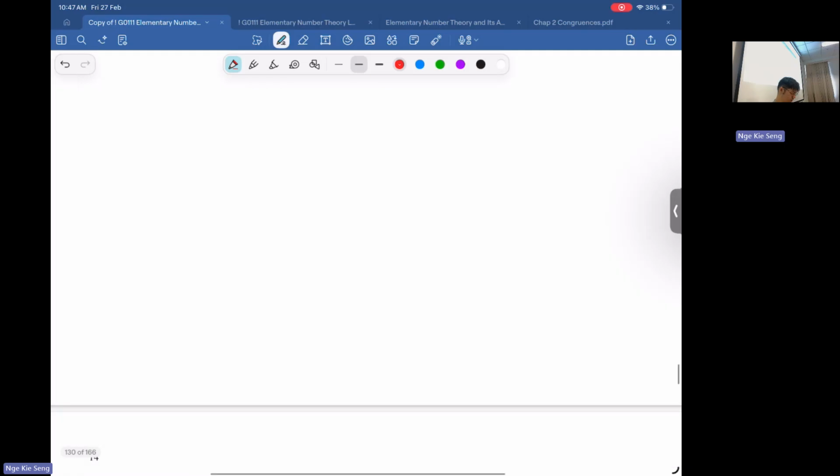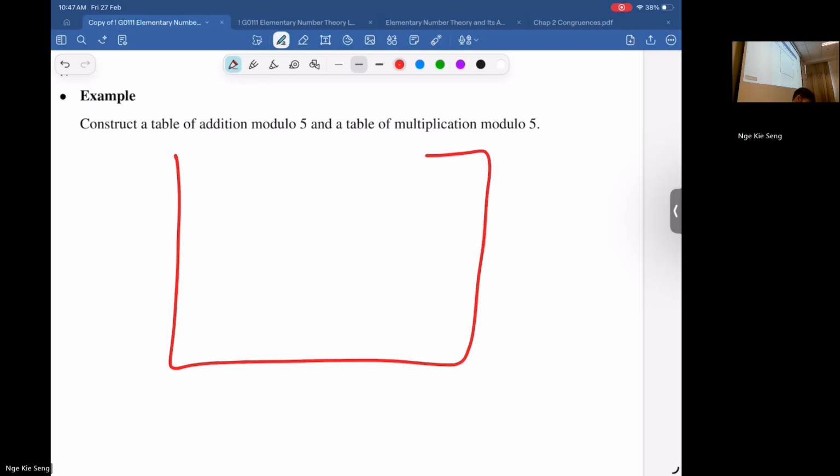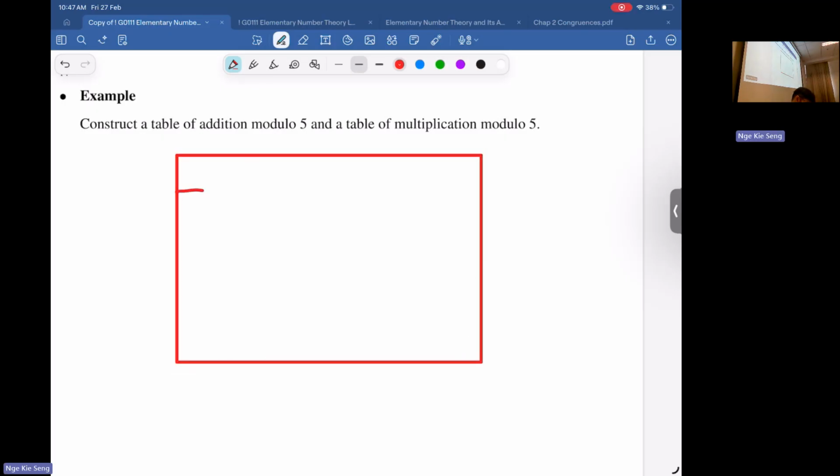Very good. Next. Construct a table of addition modulo 5 and a table of multiplication. Let me do one and then you will do one. Let me do the easy one, the one for addition. Why is this possible? Because we just care about modulo m.